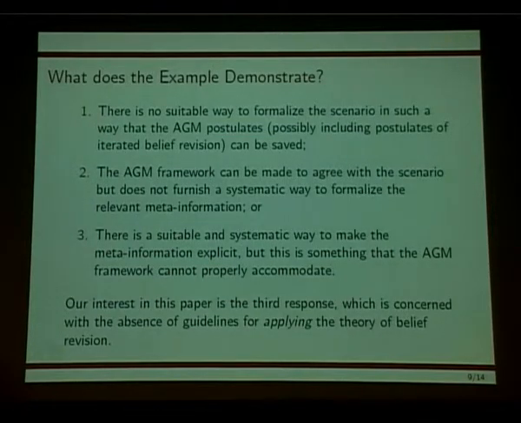Well, the answer to that is no. You can then make it agree with the scenario, but not furnish a systematic way to formalize the relevant meta-information. Meta-information here actually means higher order epistemic information, or at least that's how I interpreted this.